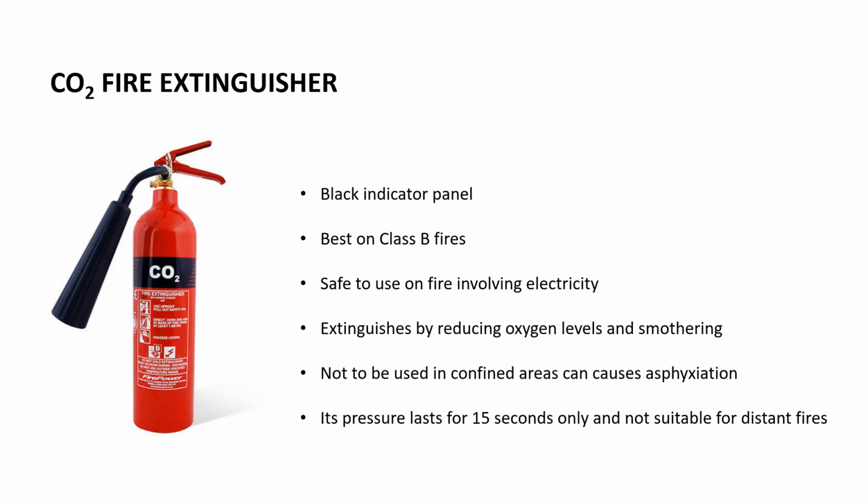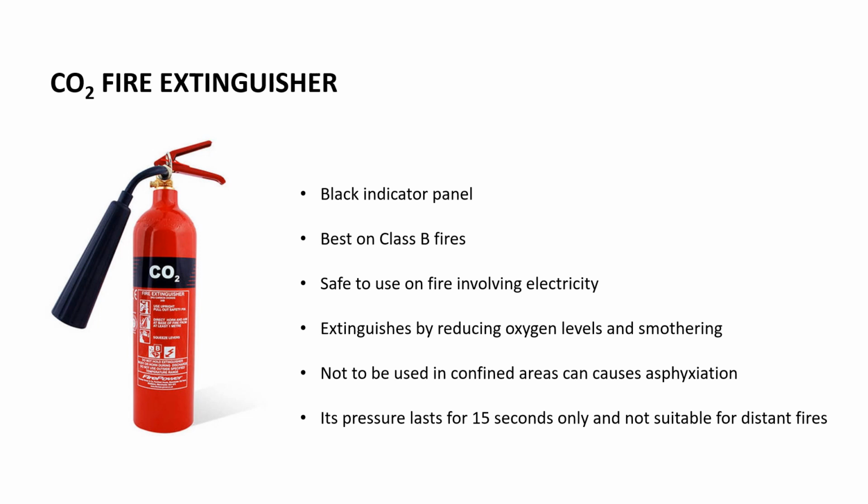Now we have the CO2 fire extinguisher. It has a black indicator on it and it is used best on class B fires. It is very safe to use if electricity is involved, so it is very convenient to use this type of extinguisher.